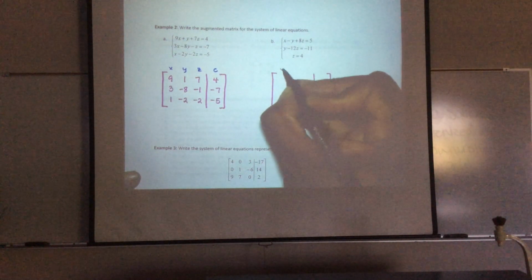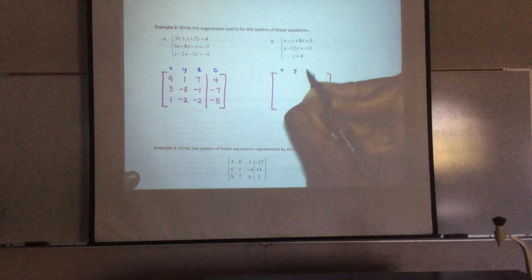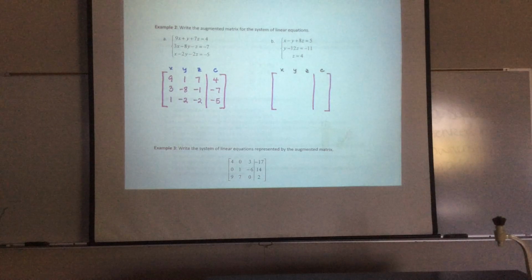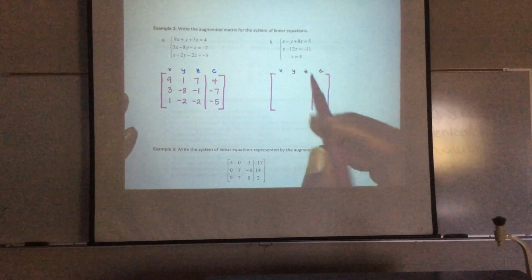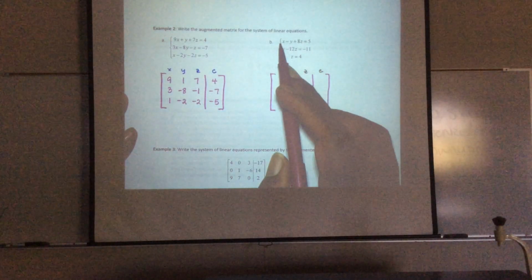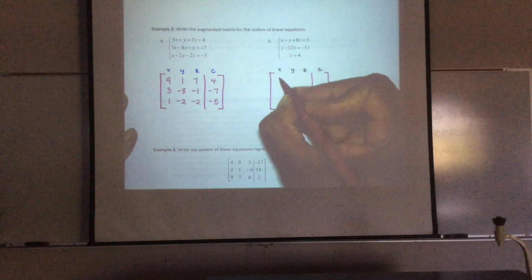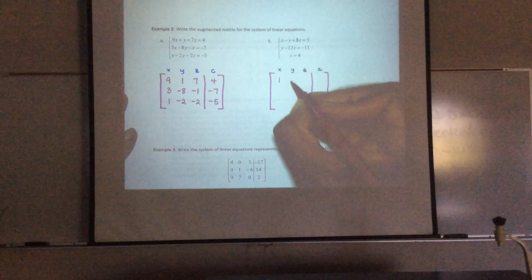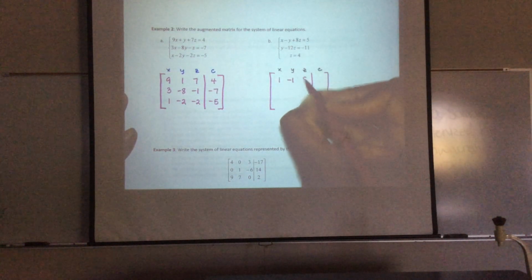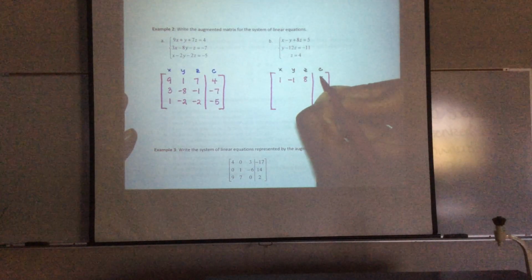Now you can put x and then y and then z and then constant term c to help you out. For the first equation, x minus y plus 8z equals 5. Well, that x has a coefficient of 1. The y has a coefficient of negative 1. The z has a coefficient of 8. That constant term is your 5.